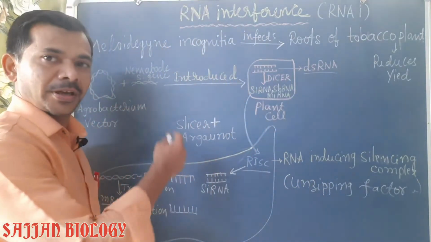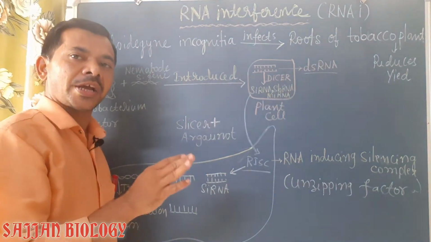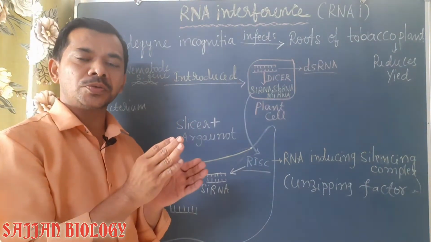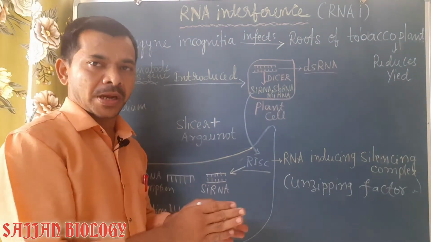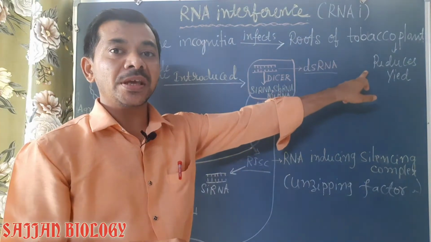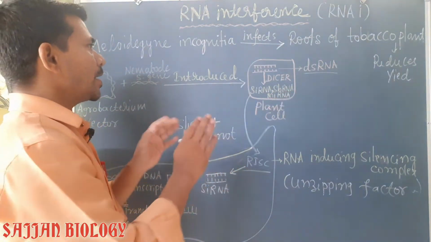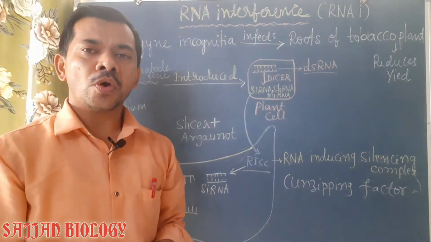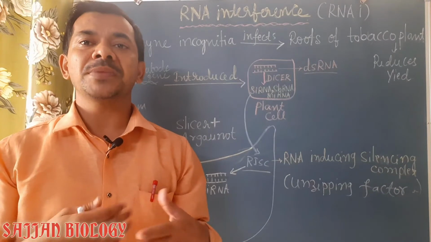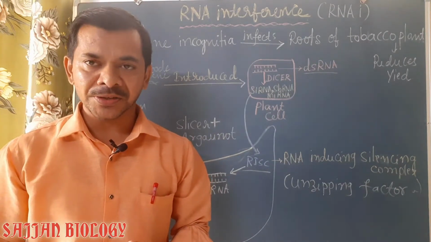Here I have written Meloidogyne incognita, which is a nematode that infects the roots of the tobacco plant. Once infected, it reduces the yield of tobacco. So a novel strategy has been introduced to prevent this infection, and that mechanism is called RNA interference.